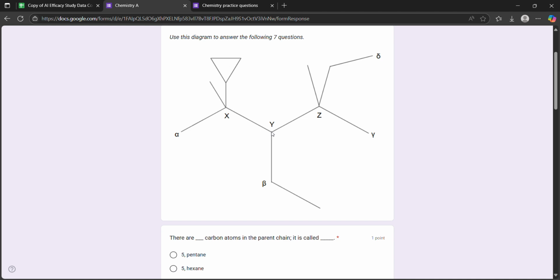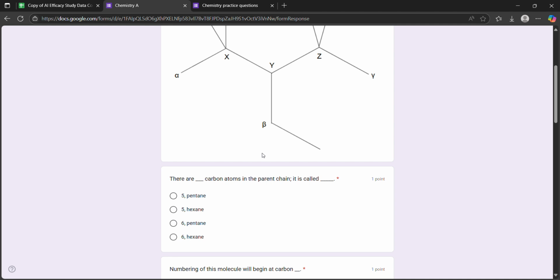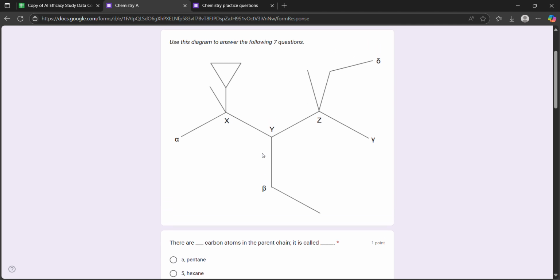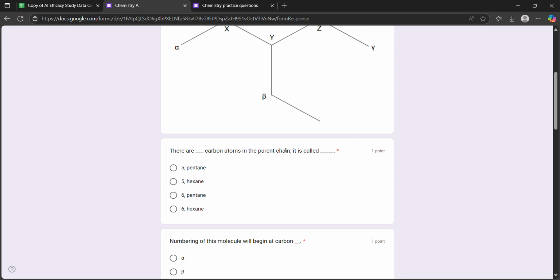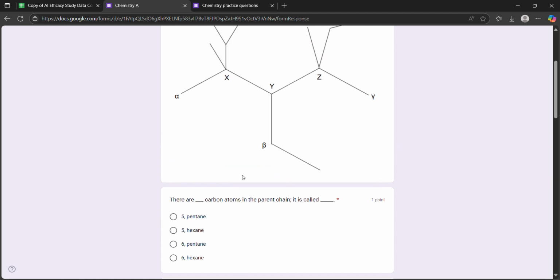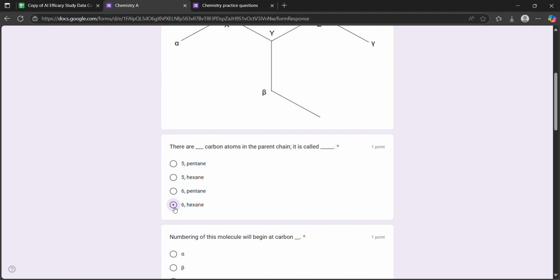So the longest possible parent chain is of 6 carbon. So it should either be pentane or hexane. Let's go with hexane.